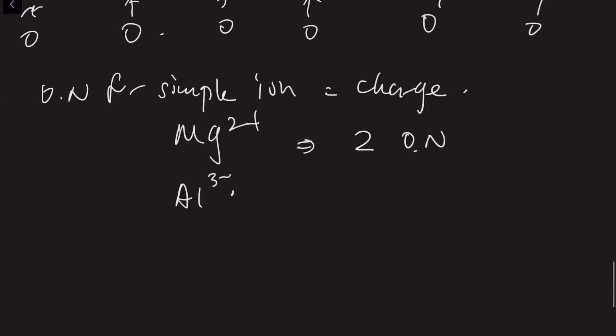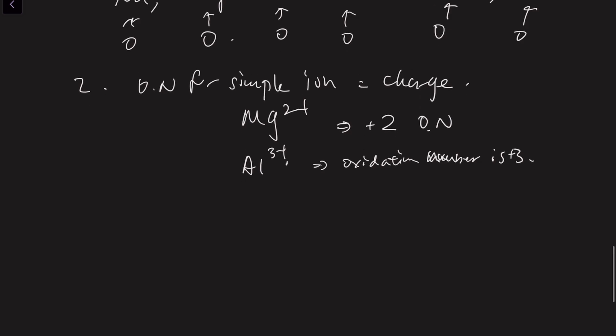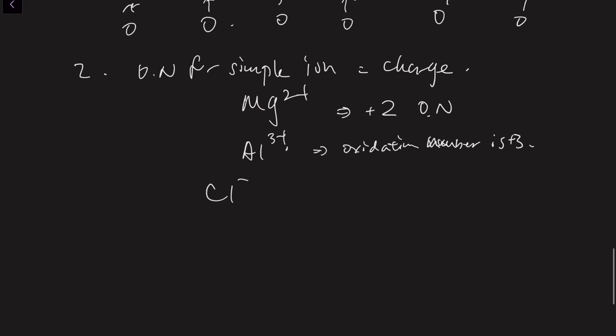Aluminium ion, oxidation number is 3. I should emphasize positive 2 and positive 3. Chloride ion, oxidation number is negative 1.